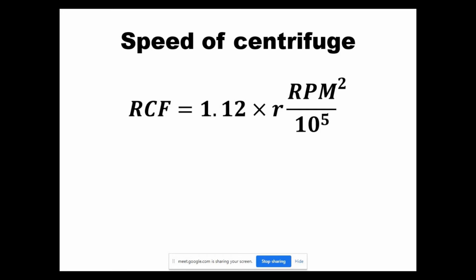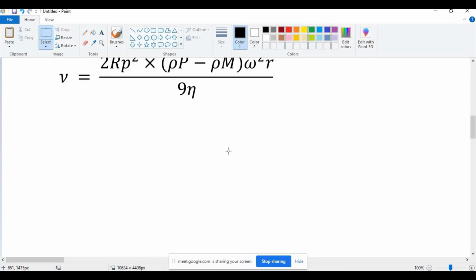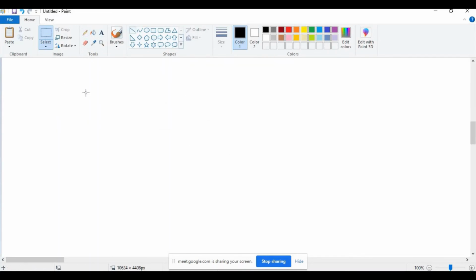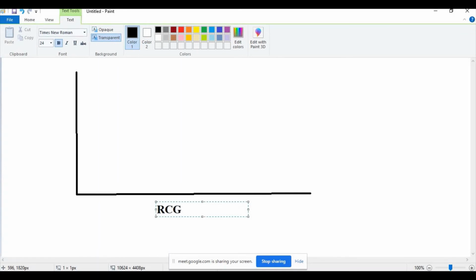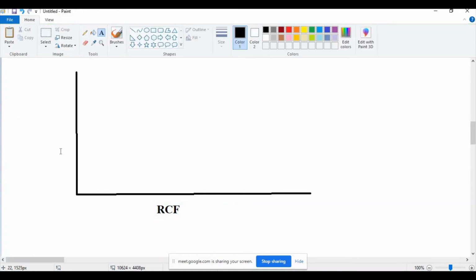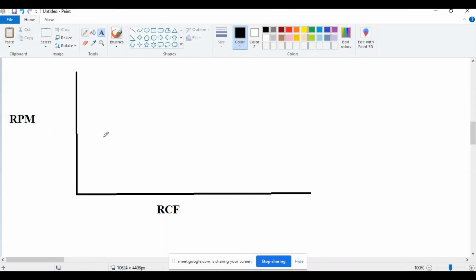In the manual of the centrifuge machine, you will find a graph, something like this. In the x-axis you will find RCF, and in the y-axis you will have RPM.